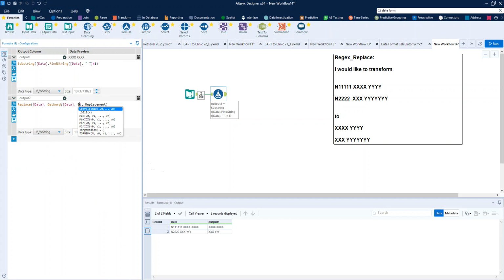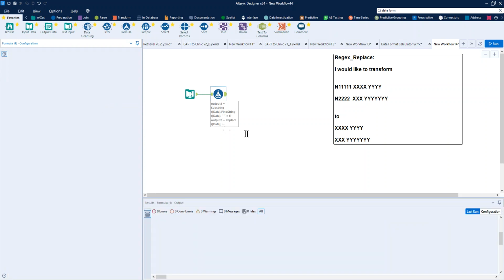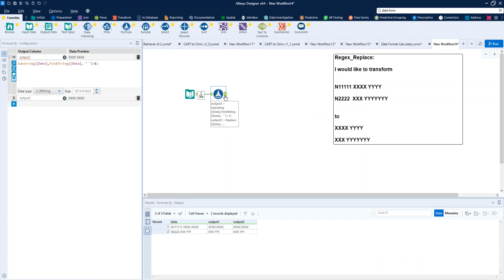It's the first word that it sees, plus a space, and my replacement is going to be nothing. And I get the results that I want by taking that first word out of the equation. Again, instead of the plus space, I could have done a trim on it.